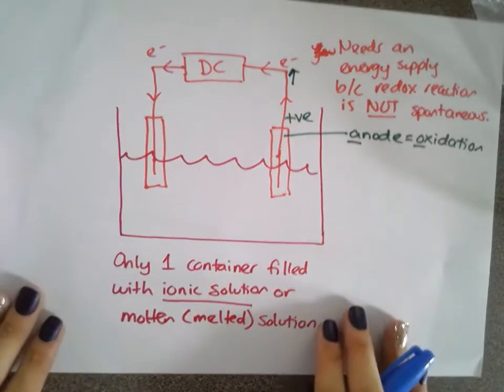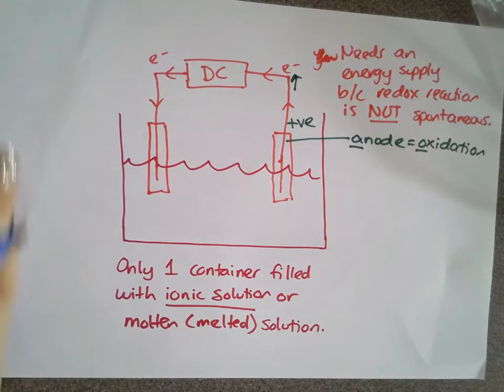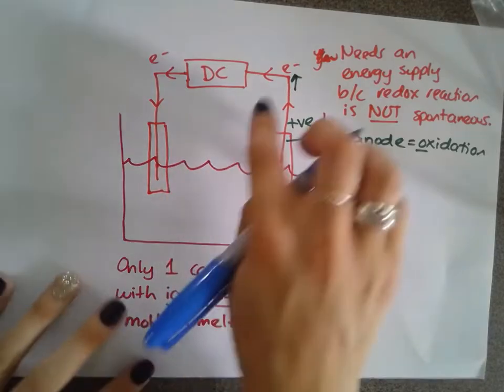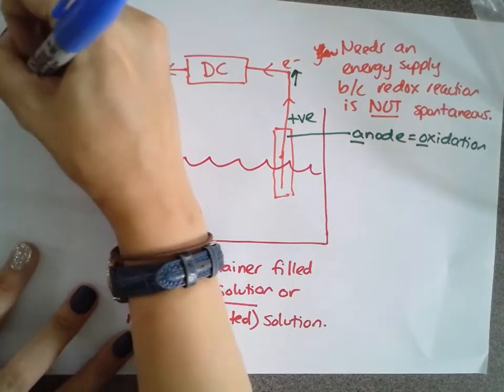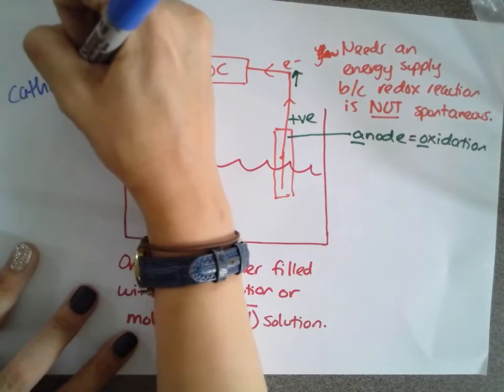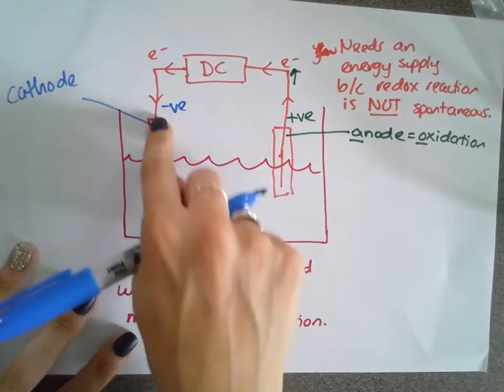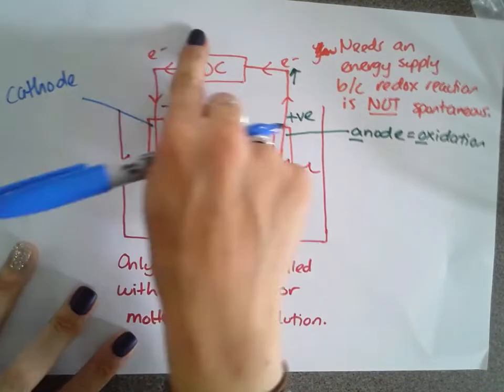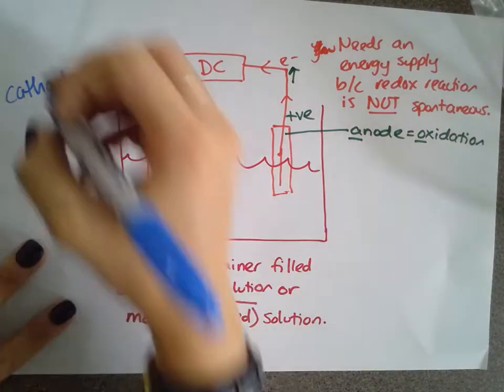Any questions so far? Does anything need to be repeated or slowed down? You're good? All right. This then here is going to be my cathode. The cathode is negative. The way I like to remember that it's negative is that the electrons are going to it. And this is where reduction occurs.